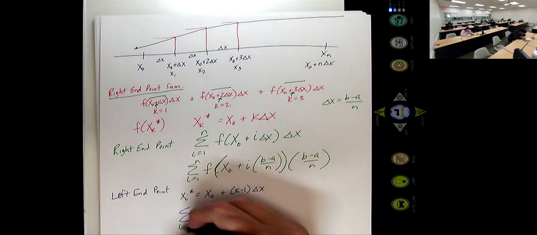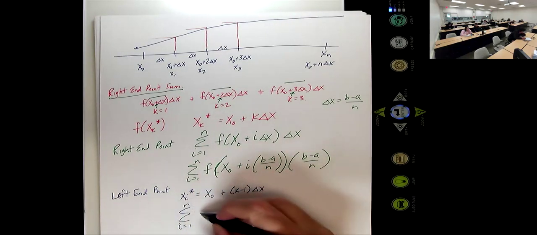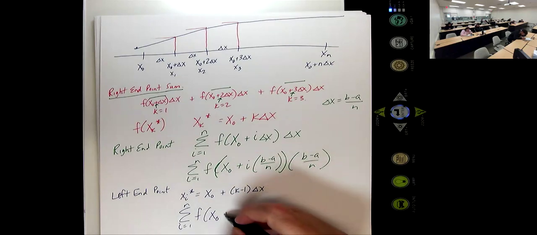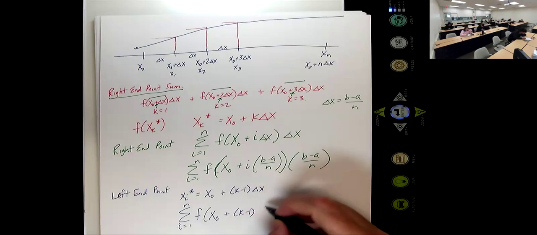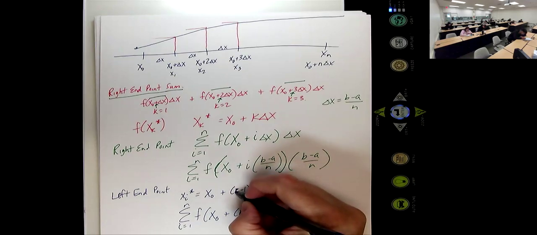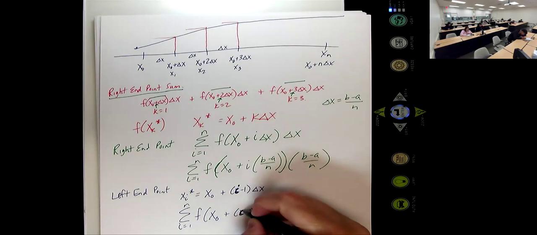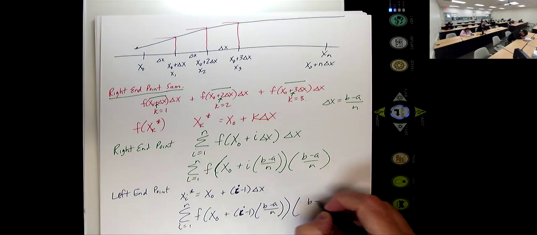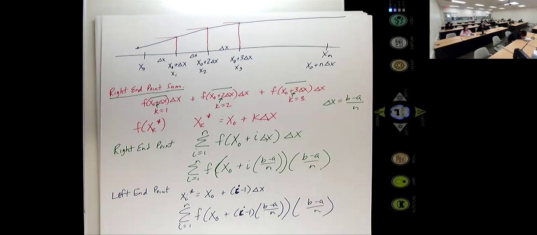And so you get the summation from i equals 1 to n of f of x naught plus i minus 1 delta x, times b minus a over n, times b minus a over n. This is gonna make a whole lot more sense when we plug it into an example, which we'll do next.